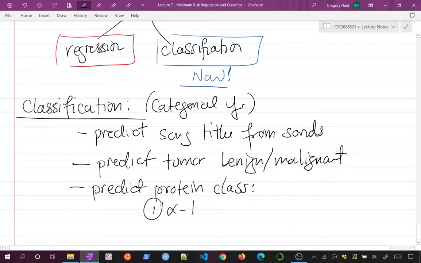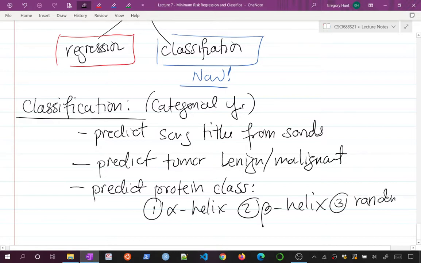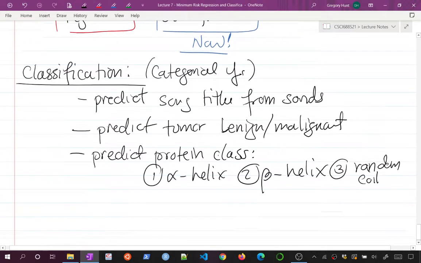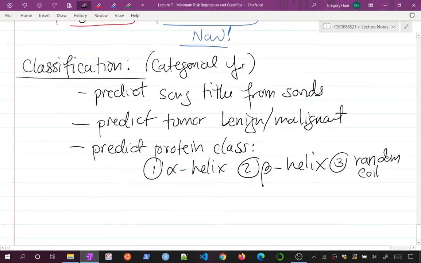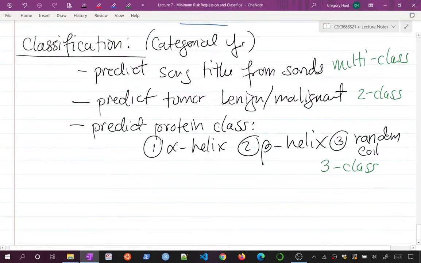Maybe it's alpha helix, or beta helix, or a random coil. So here we have three different classes. This tumor one we would call binary classification. We have two classes, a two-class problem. This is a three-class problem, and this you might call multi-class. I have tens of thousands, but a finite number of songs that I want to predict from.